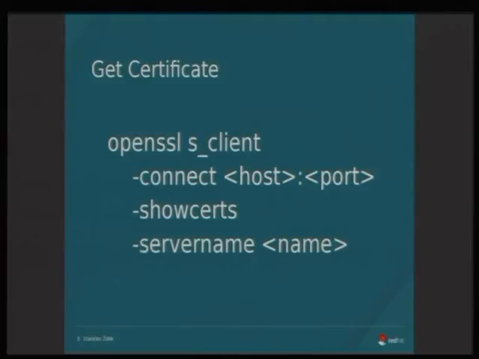We can specify where it should connect. The important thing is that second argument, the showcerts option, which will make s_client print the whole certificate chain. Normally it only writes the server certificate. So here we can see everything. It will be useful not in this example, but later.